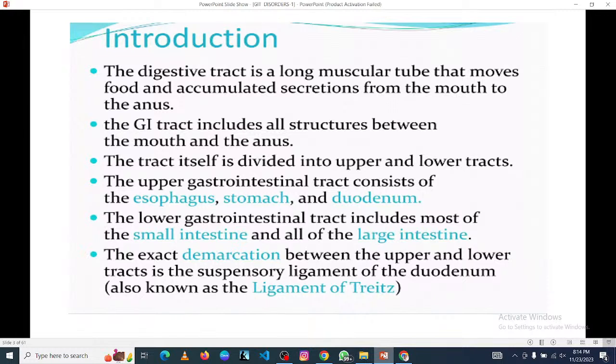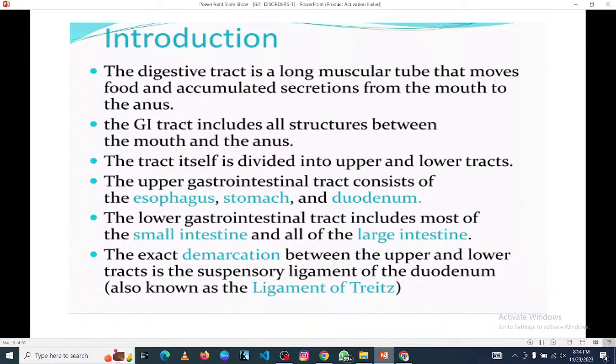The duodenum is part of the small intestine. The small intestine is grouped into three: the duodenum, jejunum, and the ileum. The lower gastrointestinal tract has the other parts of the small intestine and the whole large intestine. The large intestine is also divided into three: ascending, descending, transverse colon.